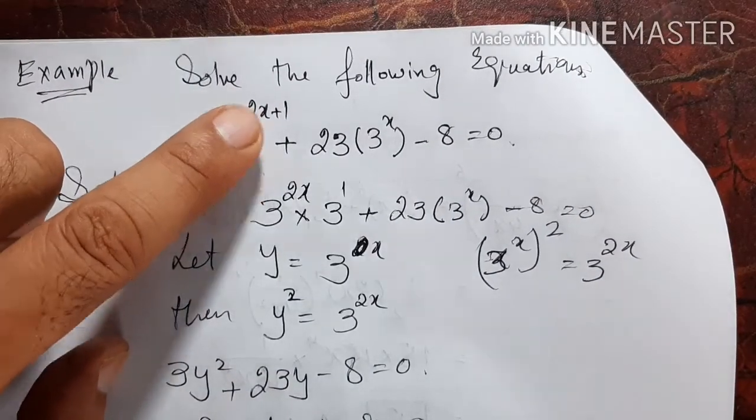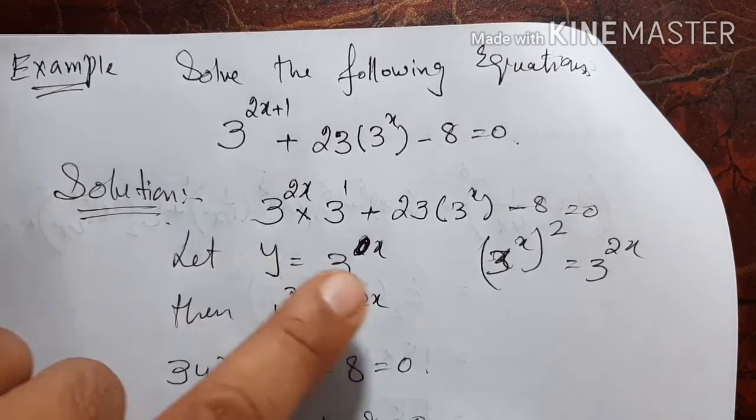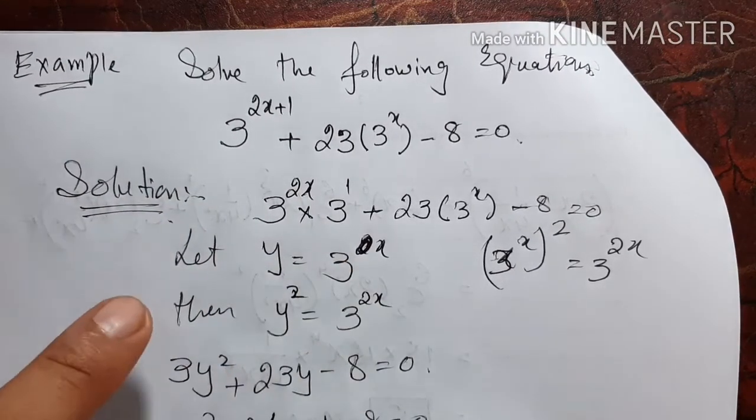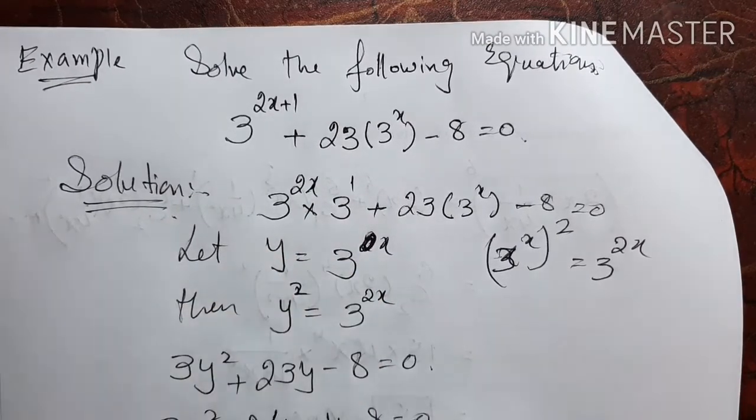Now actually our main question is in variable x, so we have to put the value back which I supposed at the start. So I'll put 3^x instead of y now.